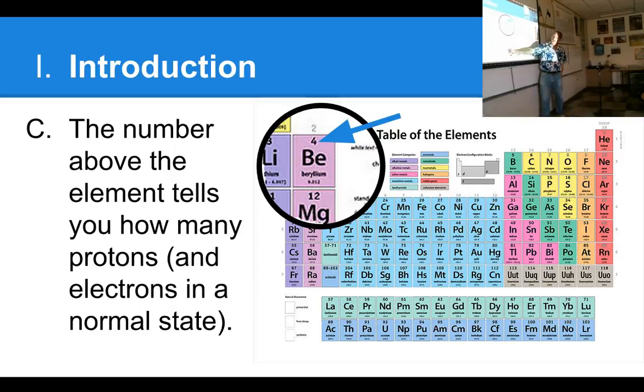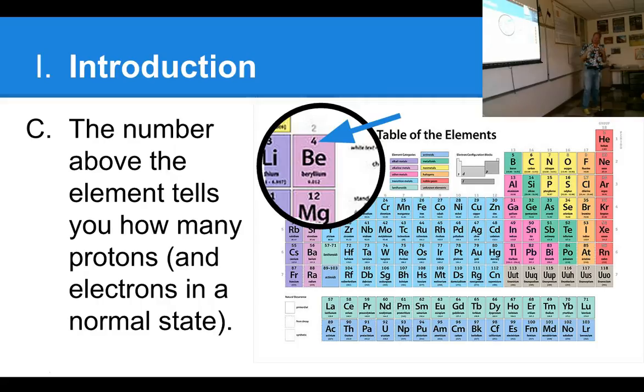Now, in an electrically neutral atom, where it doesn't have a charge, it's a normal state for the atom, then it also will have that many electrons, because remember, there are the same number of electrons as there are protons. If there are 4 positive things in the nucleus, there must be 4 negative things around the outside to balance it out.